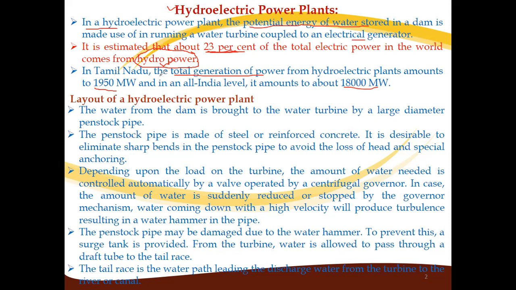So we'll see the layout of this hydroelectric power plant. Generally, there are different parts. First we will see what is meant by working, and then the function and components of each part.